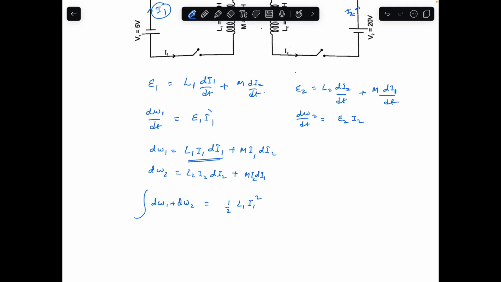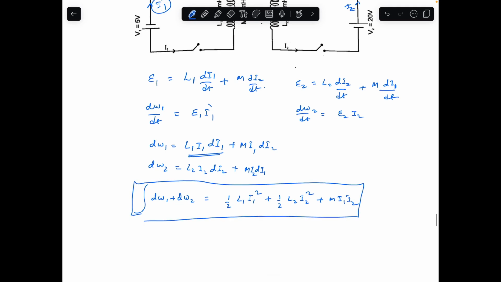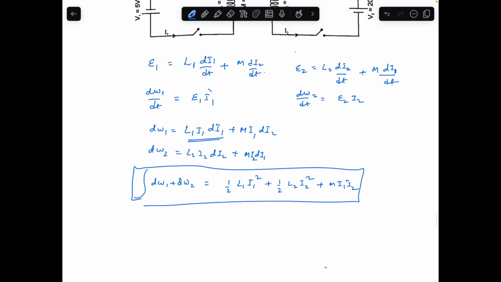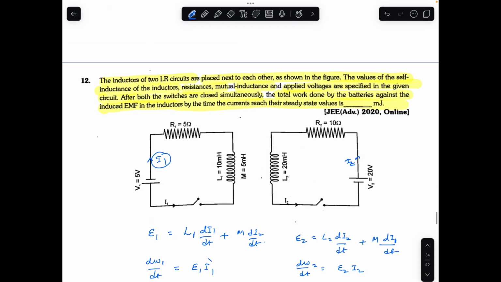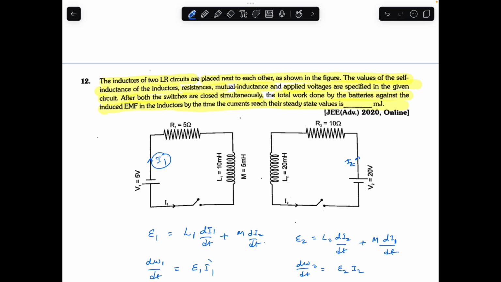Just integrate, right? I1 dI1, so I1 squared by 2, plus half L2 I2 squared plus M I1 I2. Okay. Now put the values of L1, I1, I2. So you get that is equal to 55 millijoule. Put the value of I1, I2, the steady state currents.